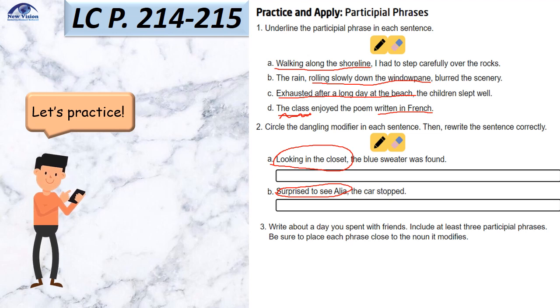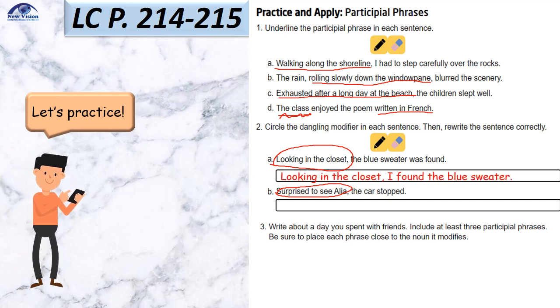Number 2 is circle a dangling modifier in each sentence, then rewrite the sentence correctly. We all know that dangling modifier has nothing for the sentence to modify. So what we have to do is to write a subject for the dangling modifier to no longer dangle at all. Looking in the closet, the blue sweater was found. Who is looking in the closet?